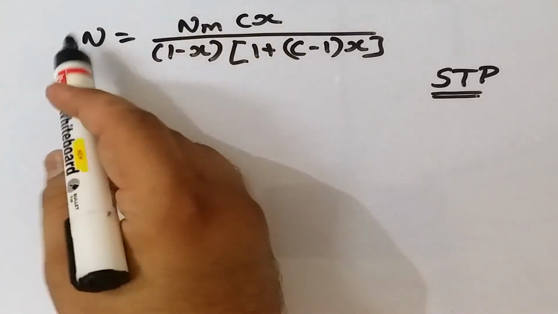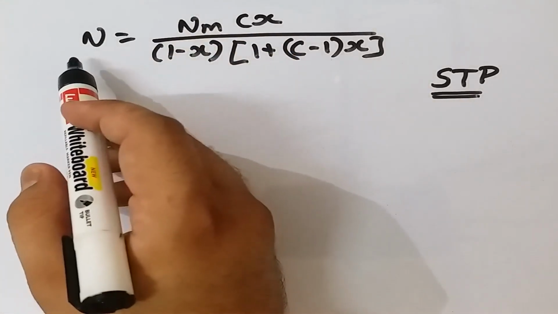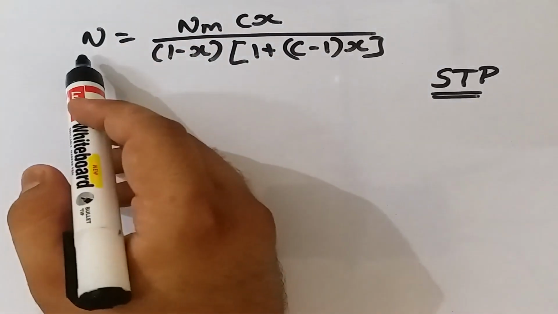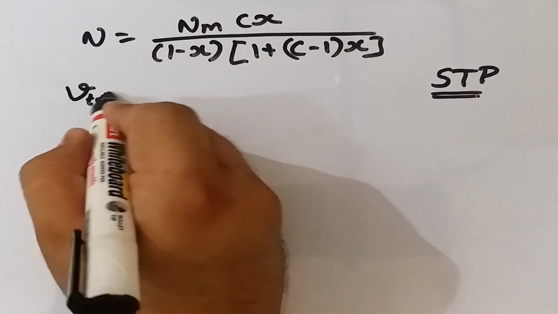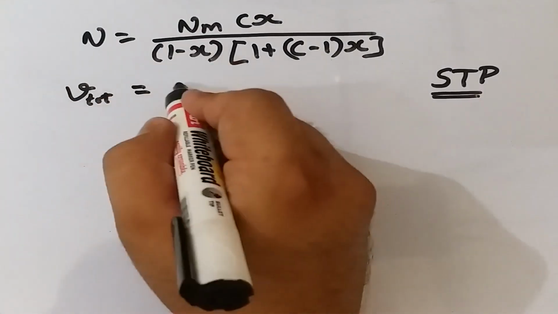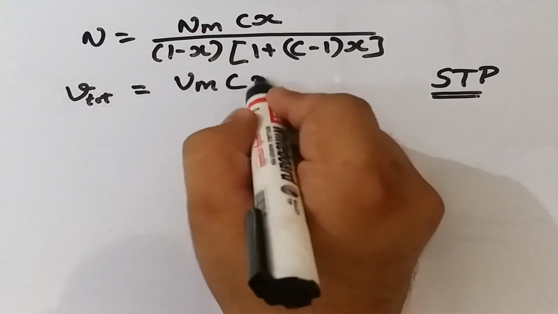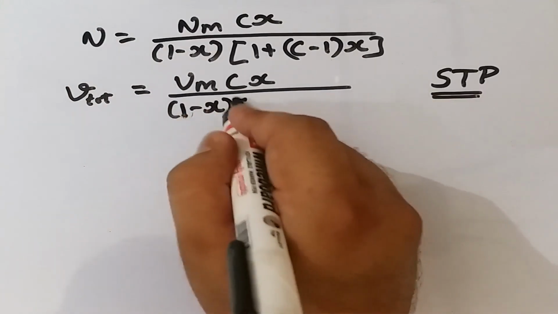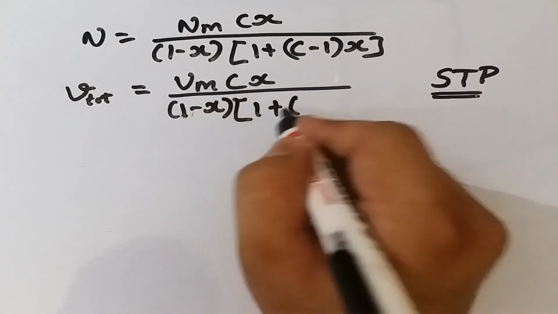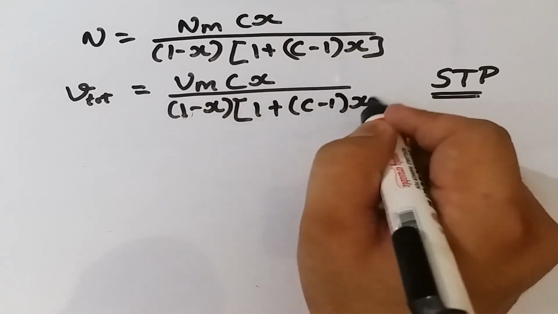So in place of the number of molecules, we can replace it by the respective volume, and hence we can write V total, which gives the total volume, is equal to Vm into Cx upon 1 minus x into 1 plus C minus 1 x.